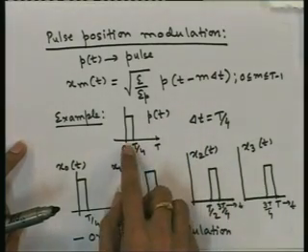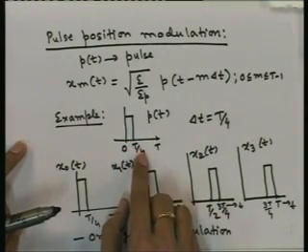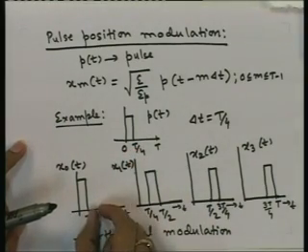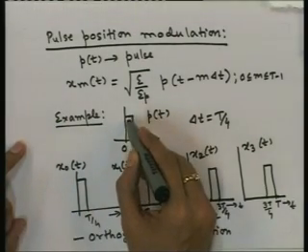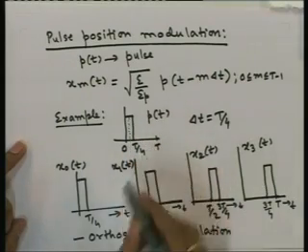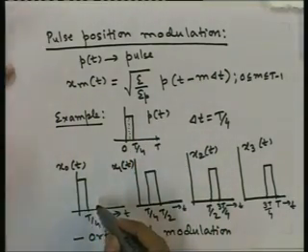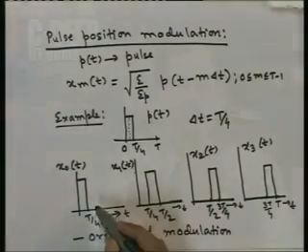So the width of this pulse will be not T by 4 but T by 8. Then we can have 8 shifts. So it will be half the width of this, and then we can have 8 shifts of this pulse. Then we can transmit 8 possible values in this symbol interval.